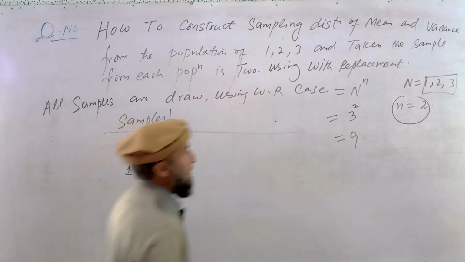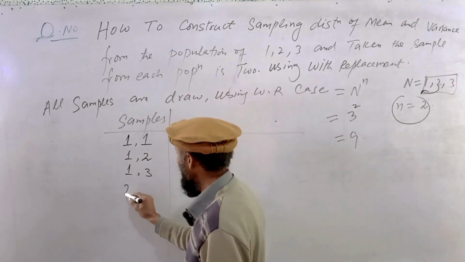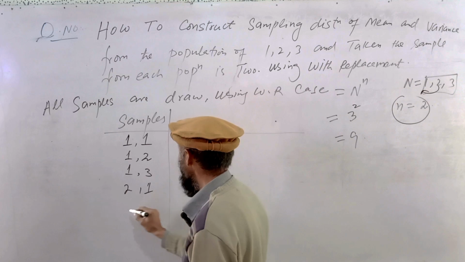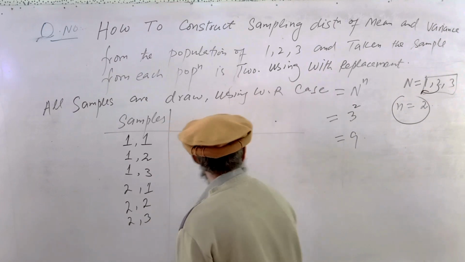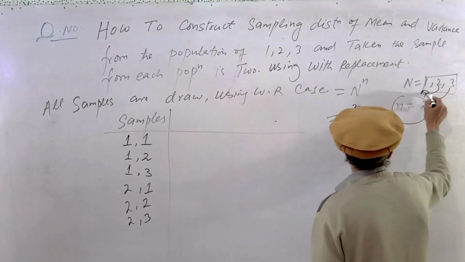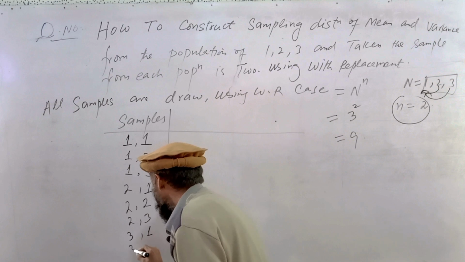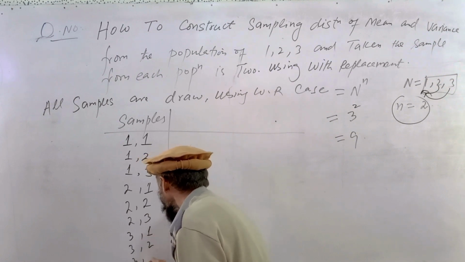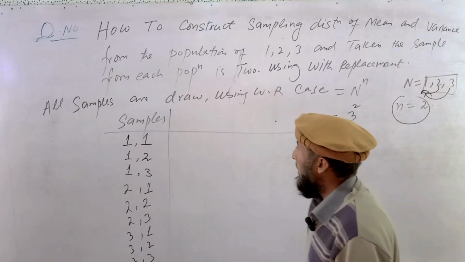Similarly, from 2: 2 1, 2 2, 2 3. And from 3: 3 1, 3 2, and 3 3. These are the 9 samples we have constructed.